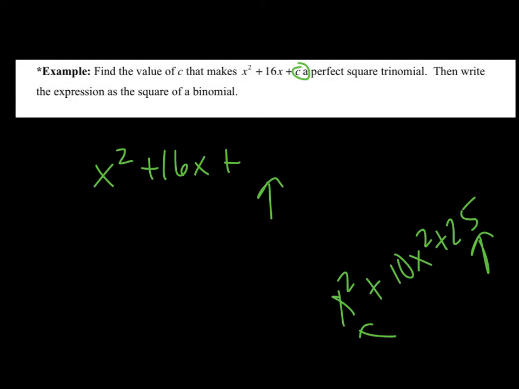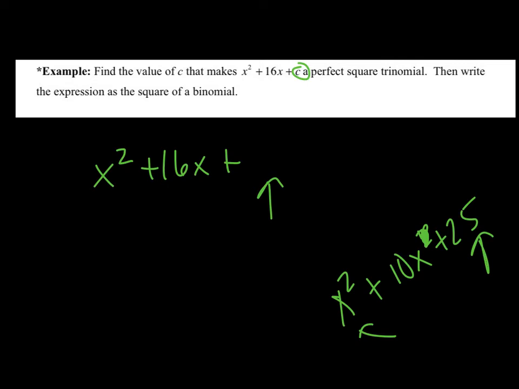So the square root of the first is 1x, square root of the last is 5. So 1x times 5 doubled is 10x. And not 10x squared. So a perfect square trinomial is the square root of the first times the square root of the last, doubled. So we're going to sort of work backwards.